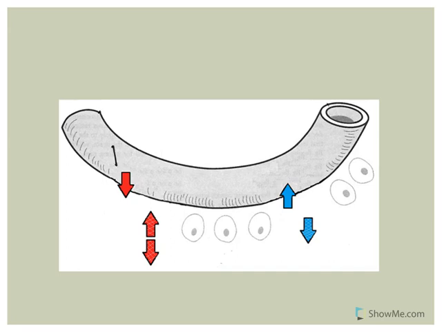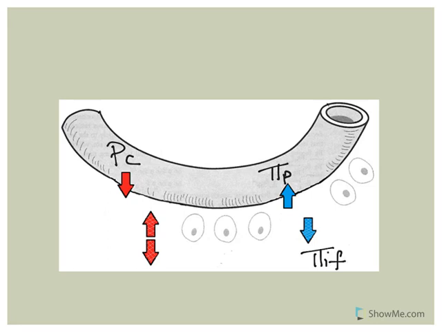So the capillary hydrostatic pressure favors filtration. Your plasma colloidal osmotic pressure, which is right here, is going to favor absorption. Then you had interstitial fluid colloidal osmotic pressure, this one, which favored filtration.